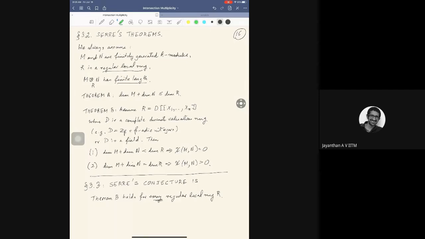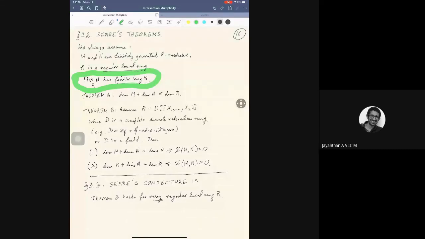So the first thing is this assumption already implies that the sum of the dimensions is less than or equal to the dimension of R. In the geometric case, there was no way of doing it earlier, besides taking products of varieties and using a diagonal.